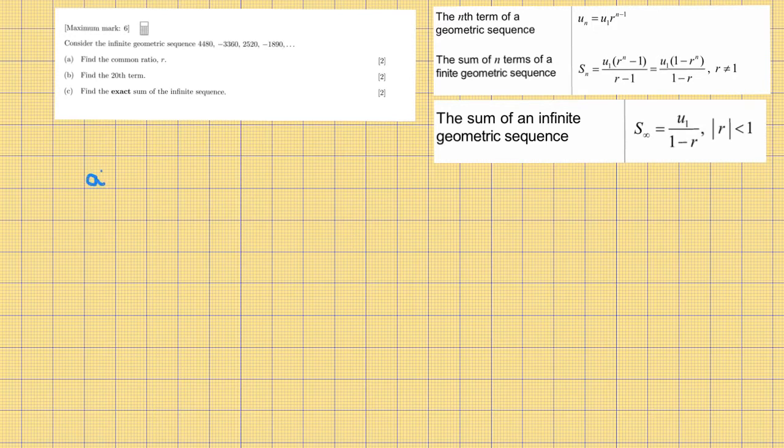So A, the common ratio is u to the n plus 1 divided by u to the n. So we'll take the second term, which is minus 3360, divided by 4480, which is minus 3/4.